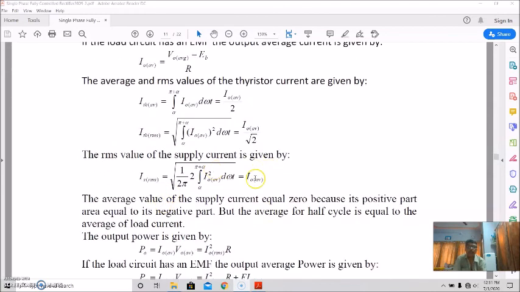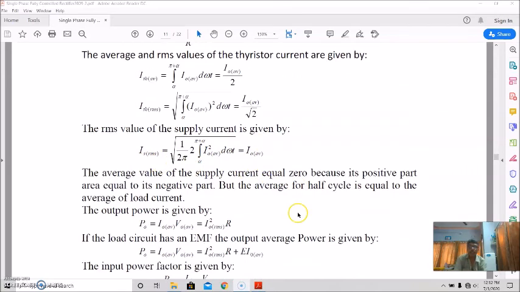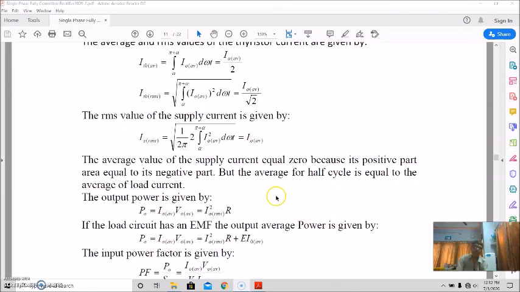The RMS value of the supply current, if you calculate, will be the same as the output current. The average value of the supply current equals 0 because its positive area equals its negative area, but the average over one half cycle is equal to the average of the load current.